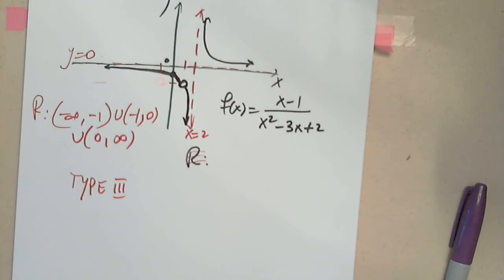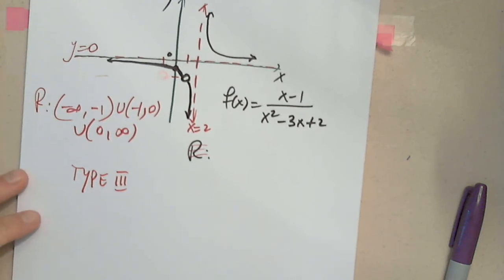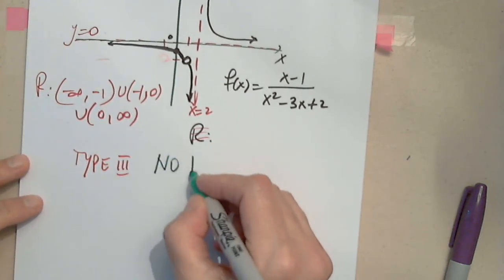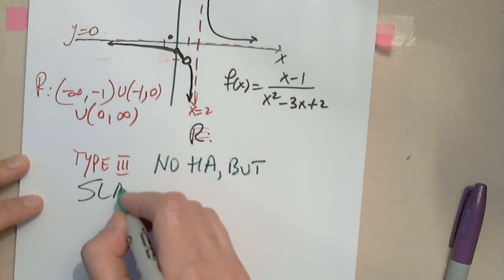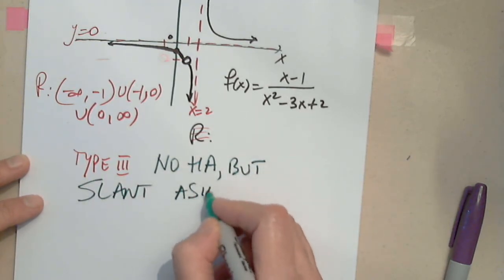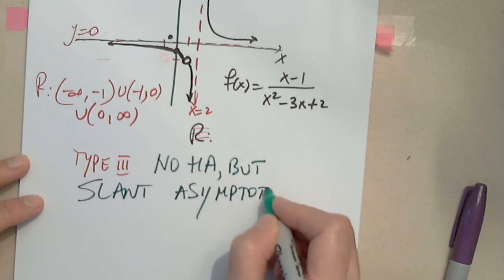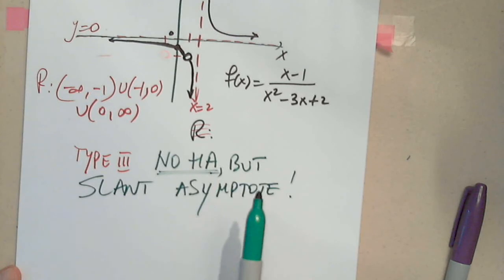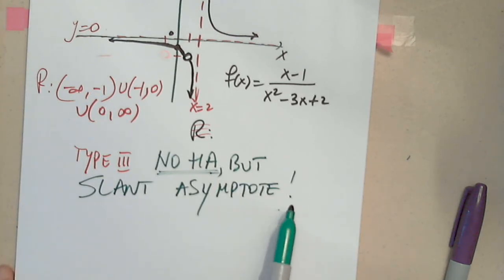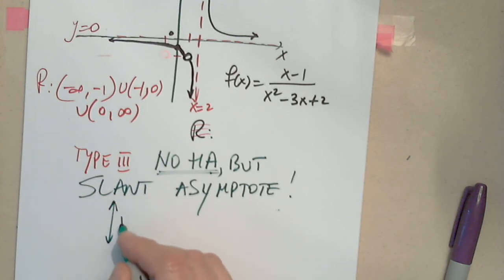Type 3 is the most difficult one because type 3 does not have a horizontal asymptote, but a slant asymptote. It's the only one that does not have a horizontal asymptote. What does a slant asymptote mean? Well, this is vertical.